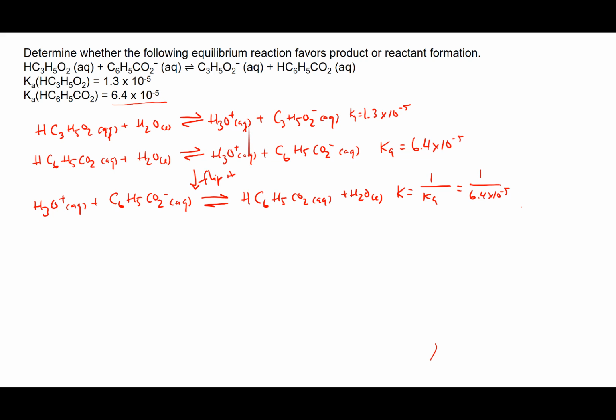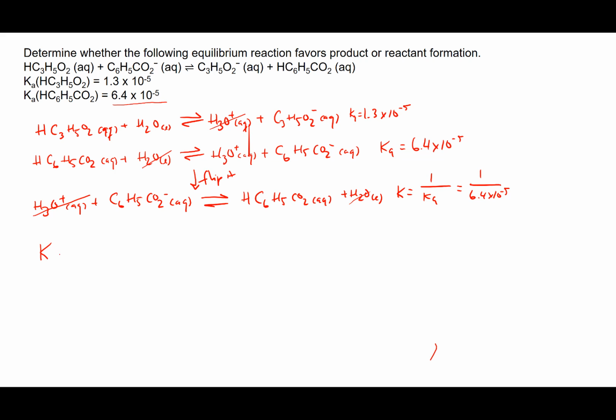Looking at that, we can multiply this K right here with the K of the other reaction, because the H3O pluses cancel out now and the H2Os cancel out now, so we have the reaction that we're actually looking for.